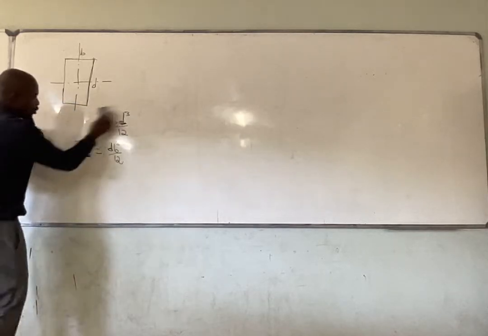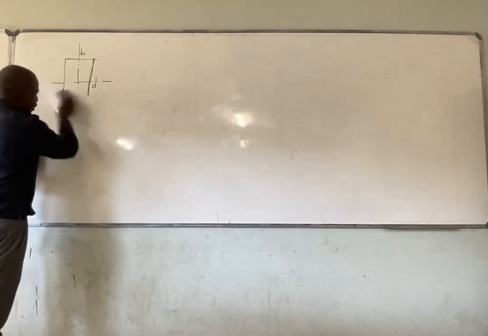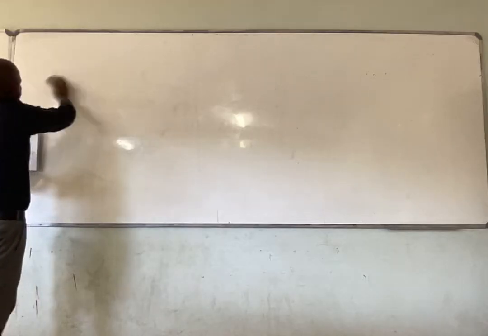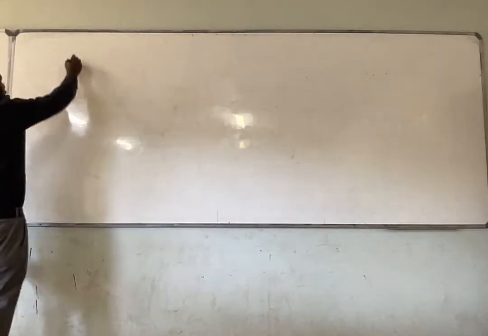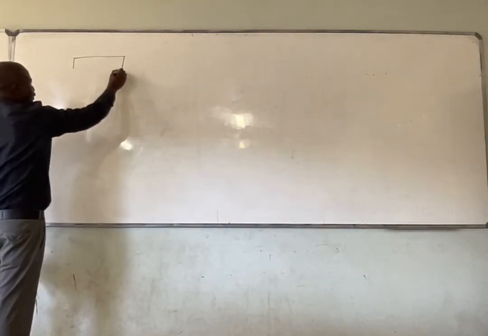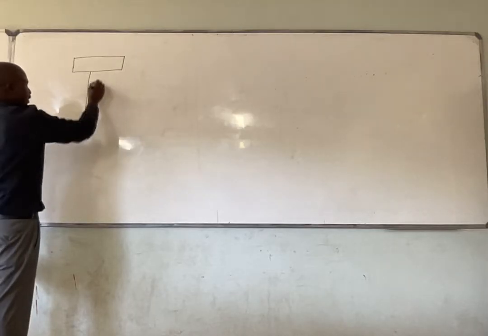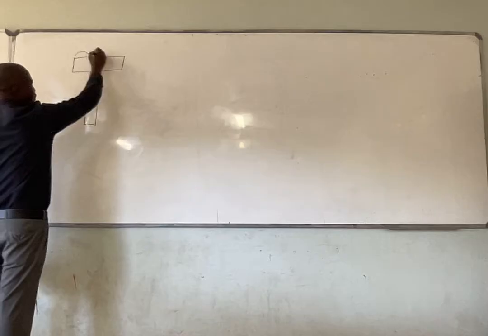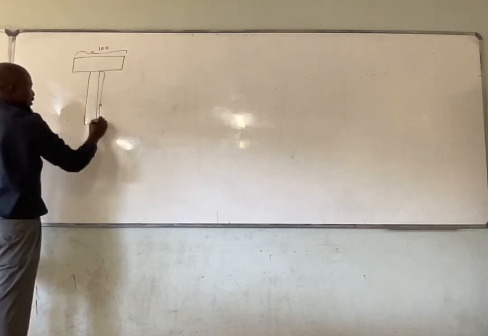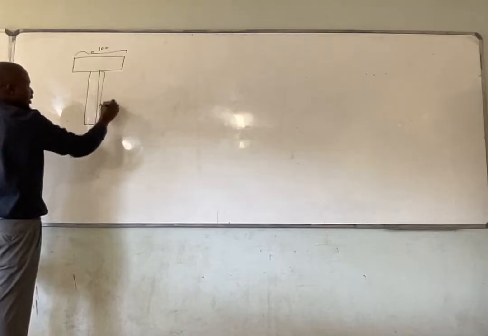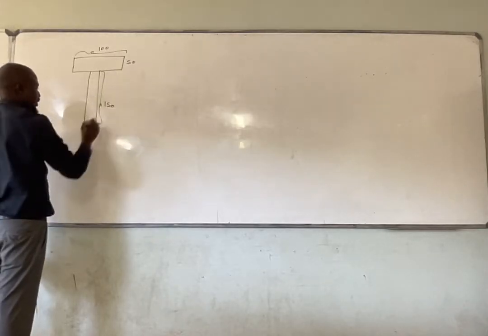So if you have a combination of areas, which now becomes a built-up beam, for instance, we have the first area and the second area. The distance from here to here is 100. From there to there is 150. This is 50 and this is 50.